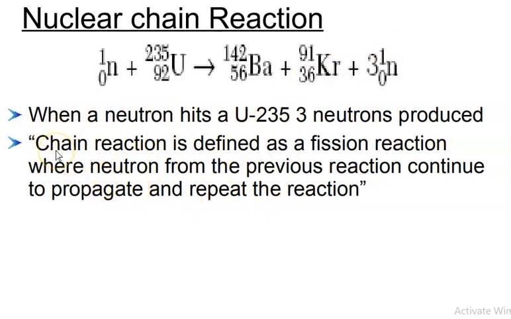Chain reaction is defined as a fission reaction where neutrons from the previous reaction continue to propagate and repeat the reaction. It means that these 3 neutrons will again react with another uranium 235 and repeat the reaction.